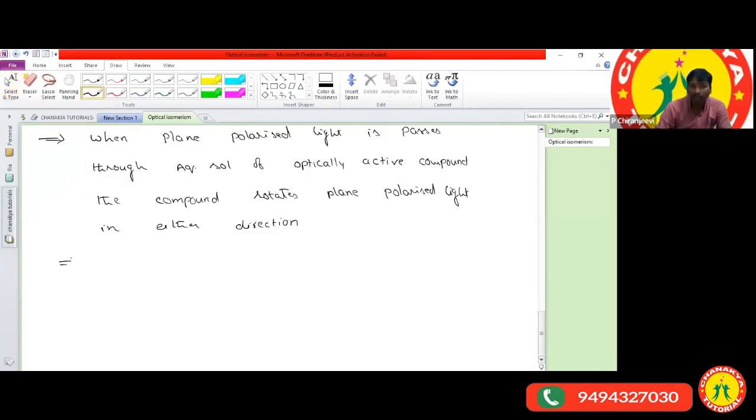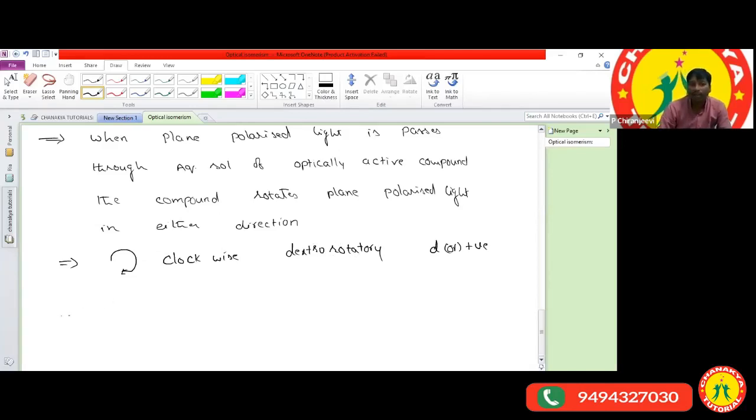Condition 1: if the plane polarized light is rotated in the clockwise direction, we call it dextrorotatory. Dextrorotatory is represented with a small d, or with a positive sign. So if the compound rotates the light clockwise, it is dextrorotatory.